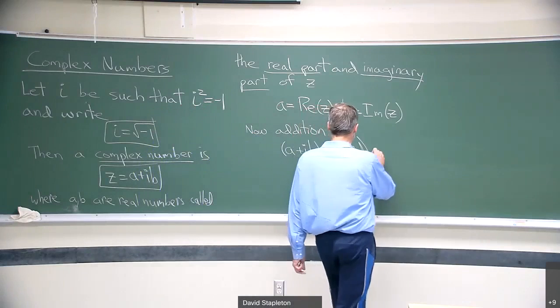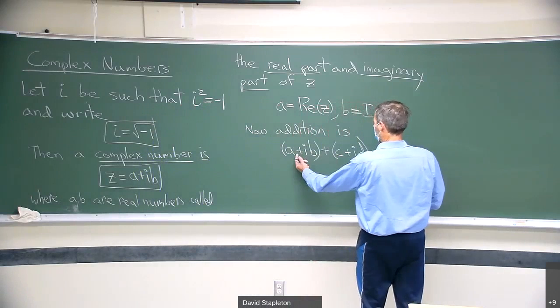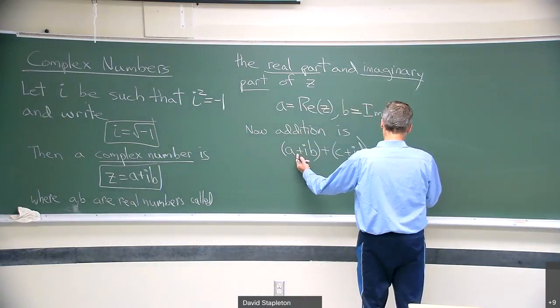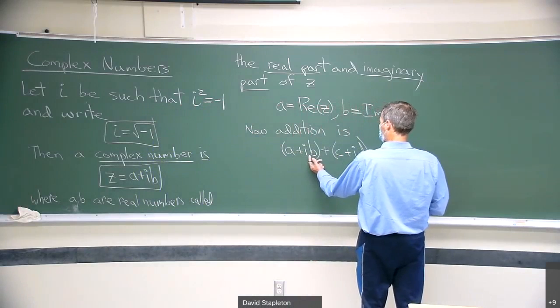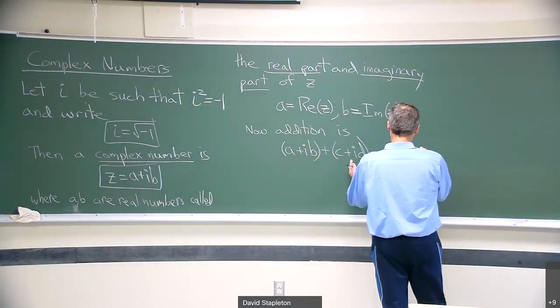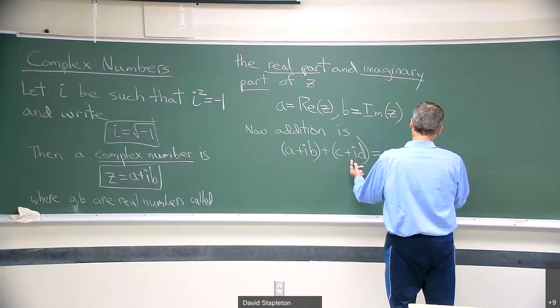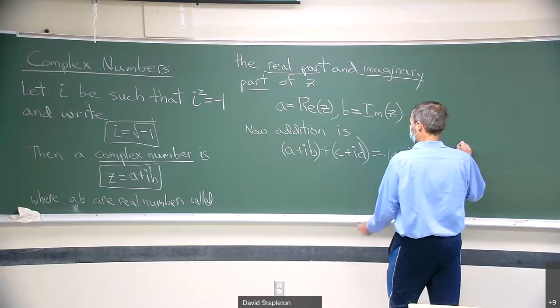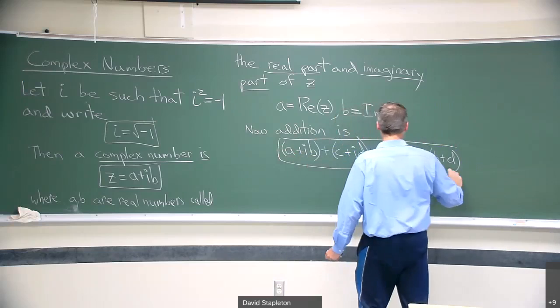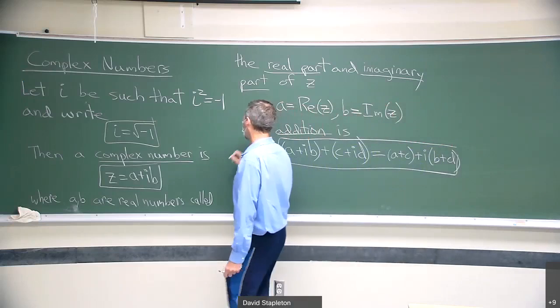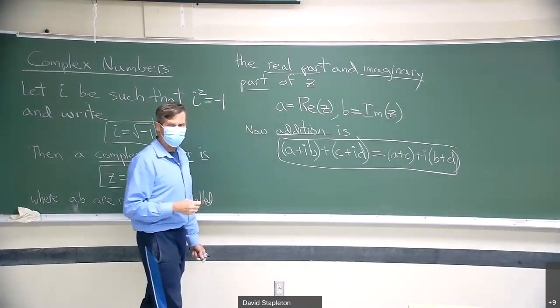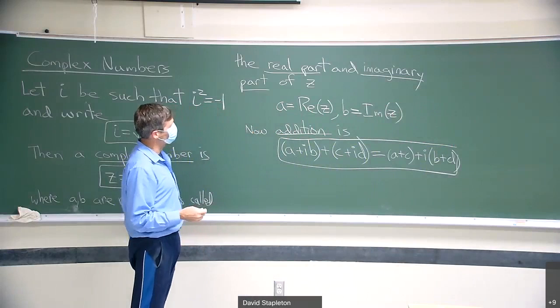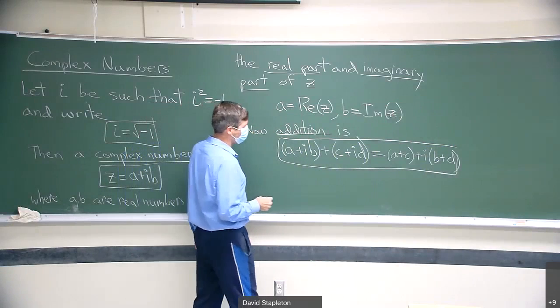If I want to do that, I'll say you can regroup these, put c over here and take a plus c together, and collect ib and id together and factor out I, and we'll just define addition of complex numbers that way. Turns out this is really useful stuff, even though you say for a while, why am I doing this?